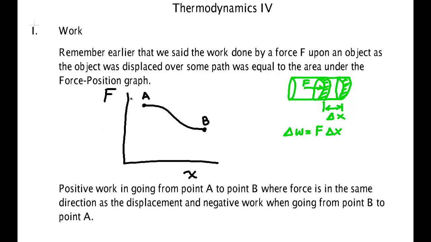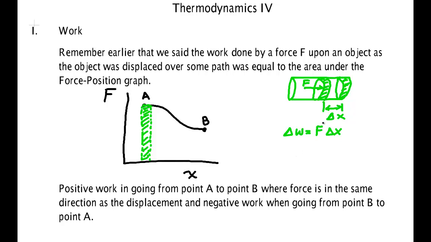Well, if that force is varying with time, and we start here at point A, then there's some F, and we did it over some delta x, and that represents the area of this rectangle.